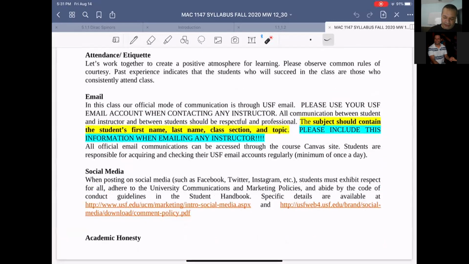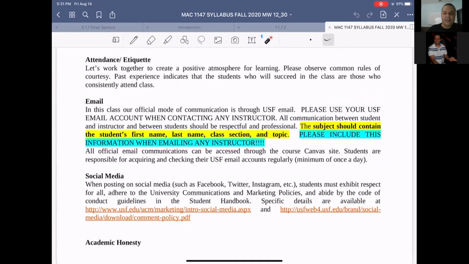Let's see, email. When you email me, please make sure you let me know what time the class you're in, if you're in the 12:30 class or the 2 p.m. class. Be respectful, be nice. Also, I may not email you the very minute that I get it.